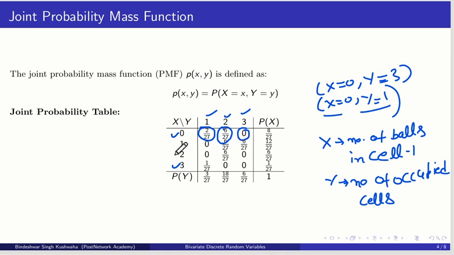The same way for X equal to 1, Y equal to 1, that will be 0. So this is the tabulated probabilities.